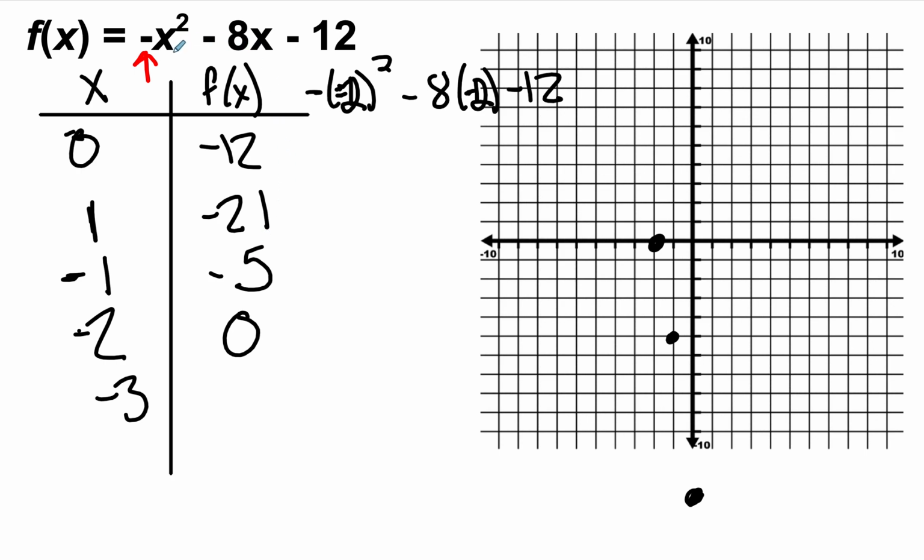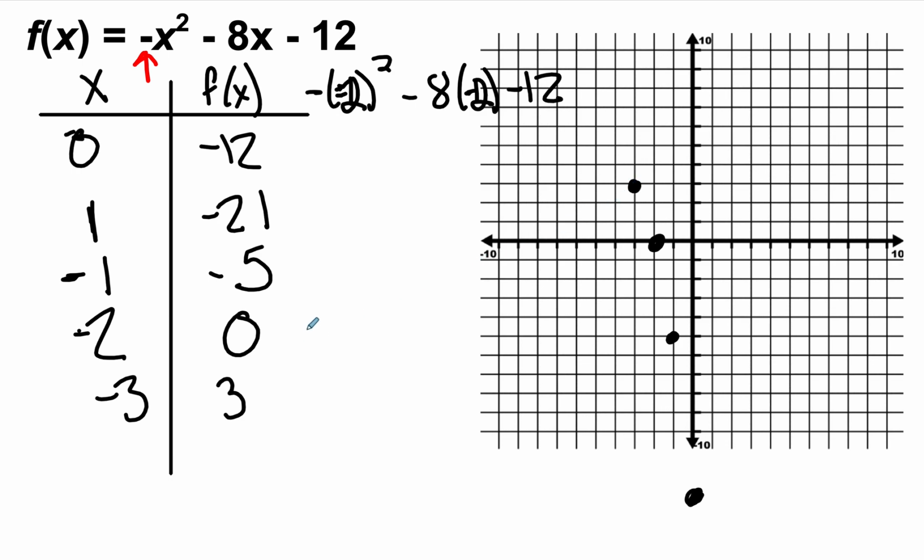Let's try -3. So this is 9. This makes it a -9. 8 times -3 is 24, but it becomes a positive. So it's -9 minus -24, which is 15. 15 minus 12 is 3.